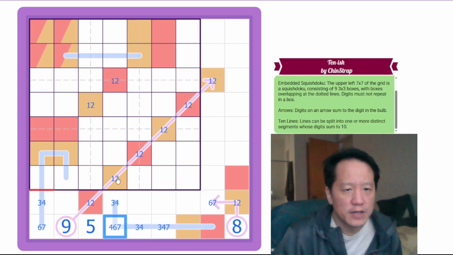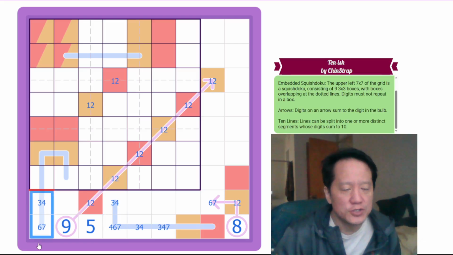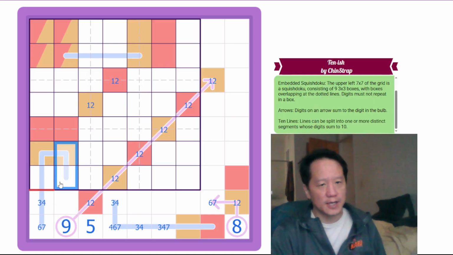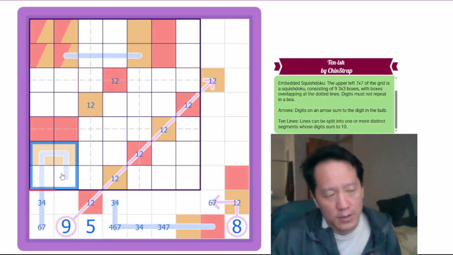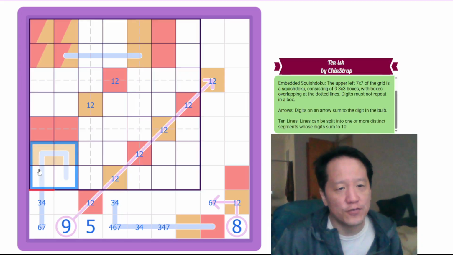Well, what does that mean? This is 2 digits adding up to 10. This could be either 4 digits adding up to 10 or two pairs of 2 adding up to 10. And it cannot be the full 4, because if it were the full 4, then we'd have to have both red and orange be on this line. So this must be divided into sets of 2. So we have 1 and 2, 1 and 2 with 9, or 8.